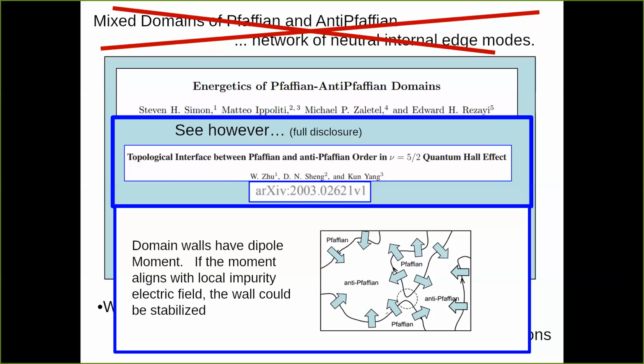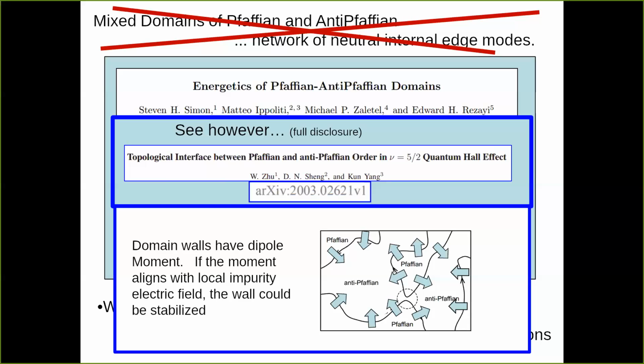But this is not necessarily what's going to happen, because there's a frozen-in disorder that's pinning that some particular area has to be Anti-Pfaffian, because that's where the disorder is appropriate for the Anti-Pfaffian, and some particular region has to be Pfaffian. So the fact that even at zero temperature the domains could be very small is something that's possible.